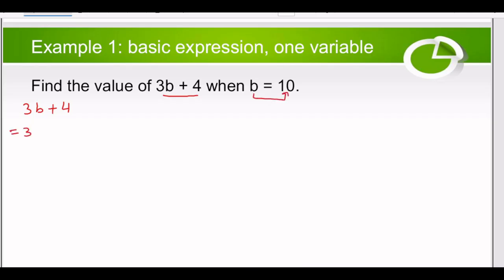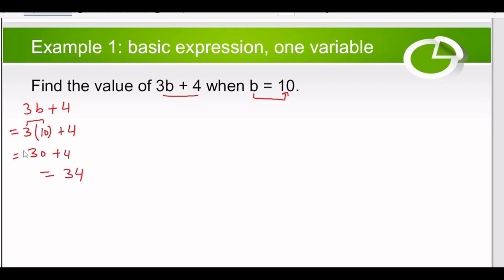So we will replace this b by 10 and then we will get the value. As I told you, the BIDMAS rule is applicable. First we will do 3 times 10, it is 30, plus 4. So the final answer is 34, right. This is how you do the basic calculations.